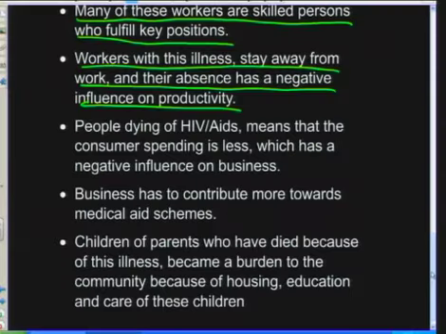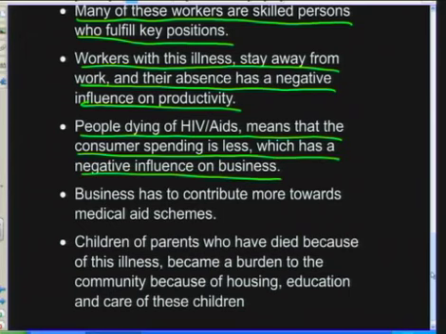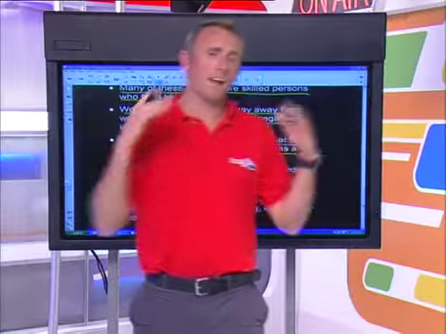Also, people dying of HIV AIDS means that the consumer spending is less, which has a negative influence on the business. So if I had 1 million potential customers and 100,000 of them die from HIV AIDS, right, that means I've only got 900,000 customers that can buy my product. That means my pool of customers has got smaller.